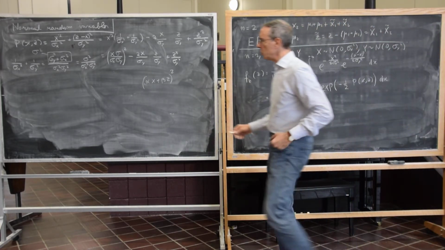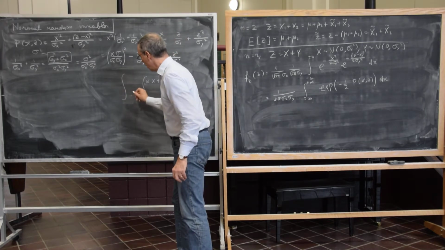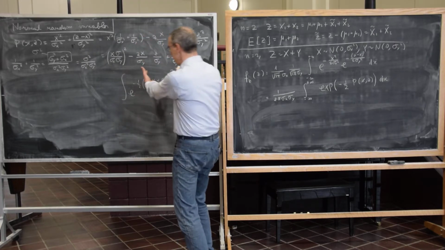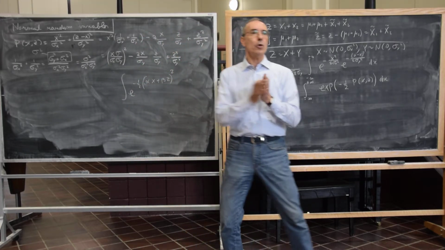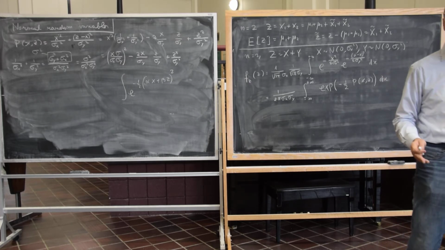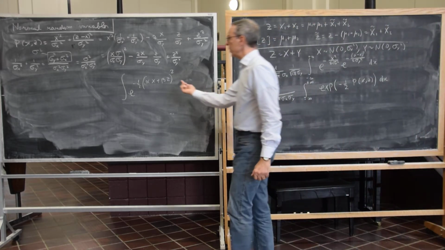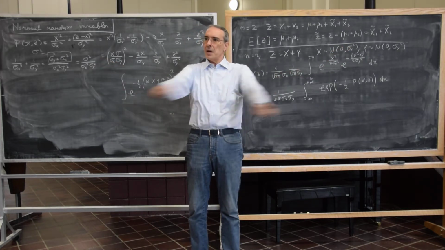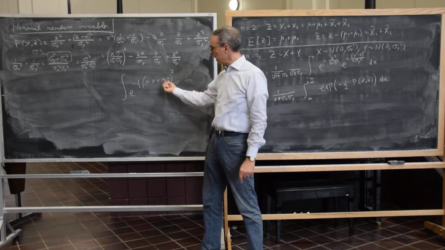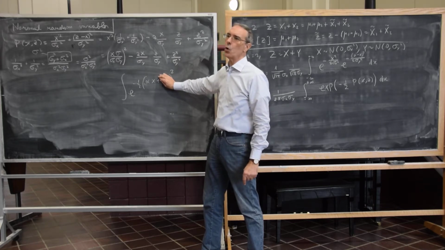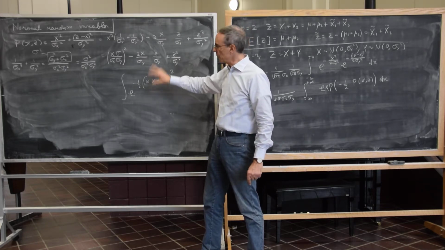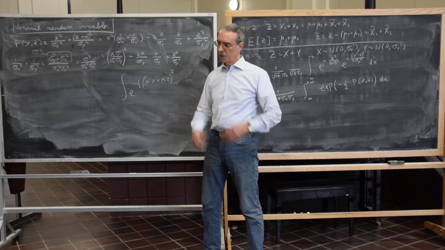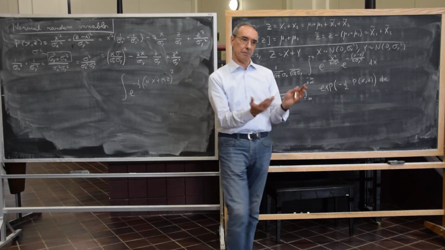At a certain point, you will have an integral of an exponential of minus 1/2 of an object like this, and x goes from minus infinity to plus infinity. With a change of variable, there is a translation invariance, so this quantity has no influence. So this will give you a number. That's what you want to do. So the objective is to write a square.